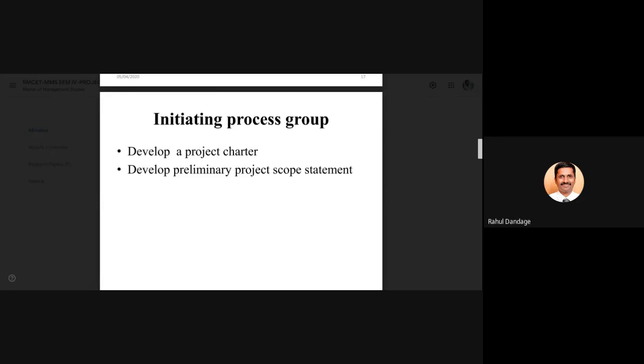Let us try to compare this with our routine academic activity. Let us say for this particular semester you have this subject, project management. Now, if the college is not authorizing any particular faculty member to teach this subject, what is going to happen?